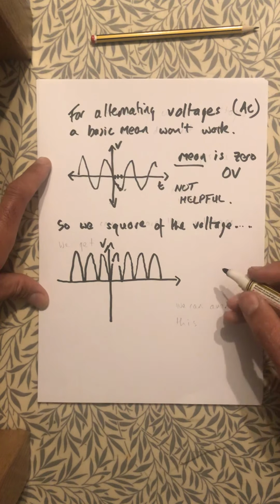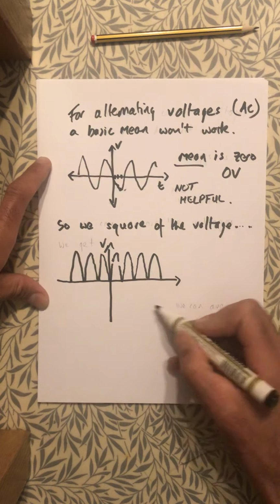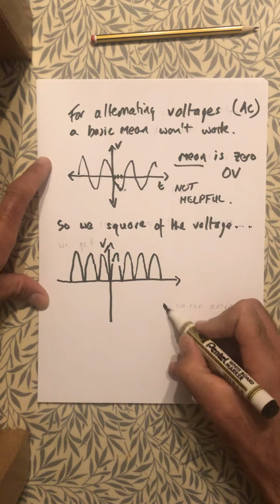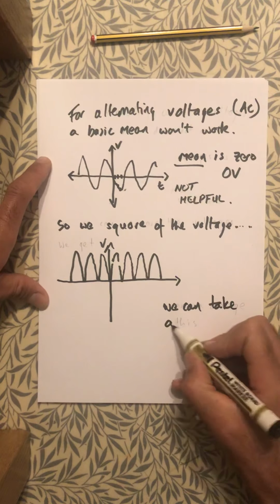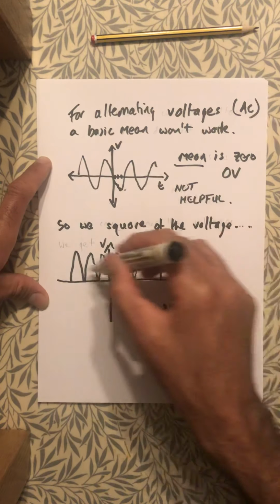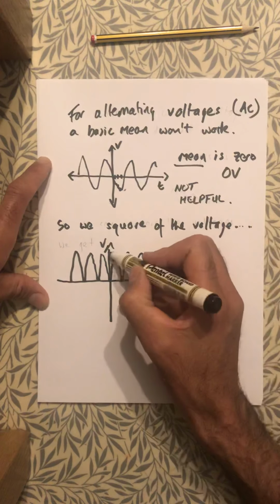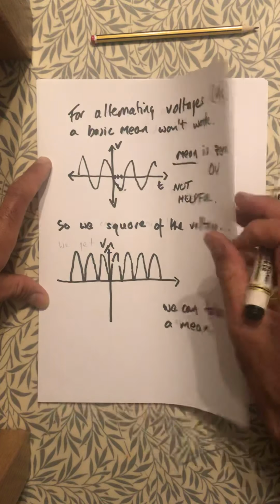Now, to describe this alternating voltage, I could consider taking the mean of this. So we can take a mean of this squared value, and that would be something useful. In this case, if I'm suggesting that that's 9, some of these others might be, say, +6 or +5.